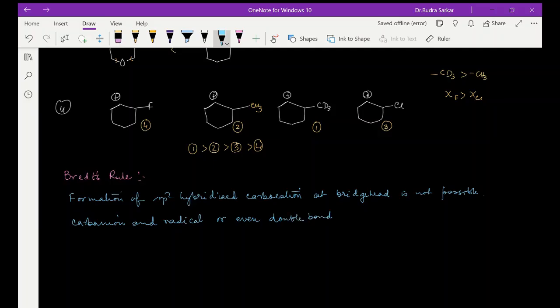In case of double bond and radical, both the carbons need to be sp2, so sp2, as already mentioned, is not possible. And why is this not possible? Because of angle strain, as I said. Bond angle strain.